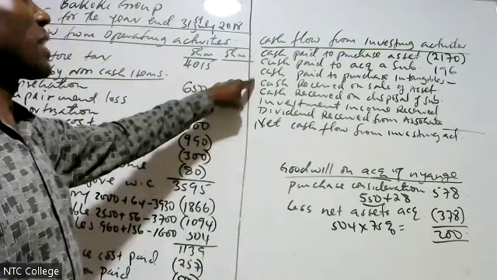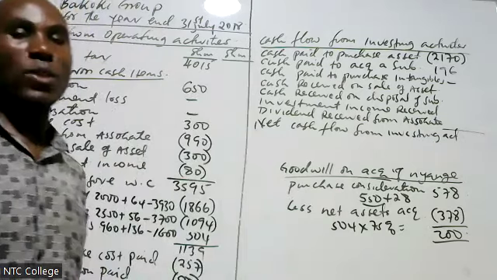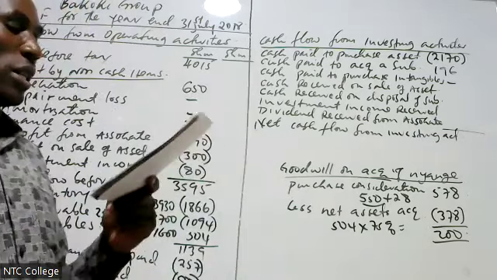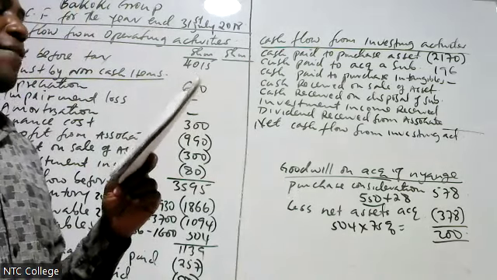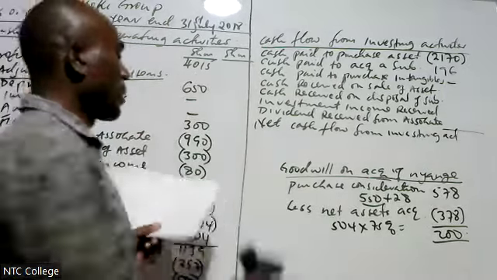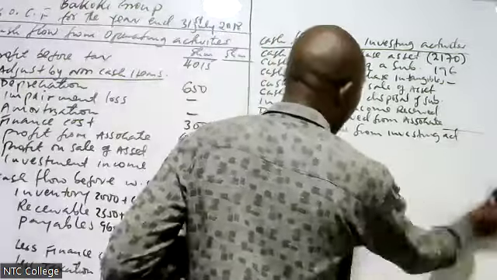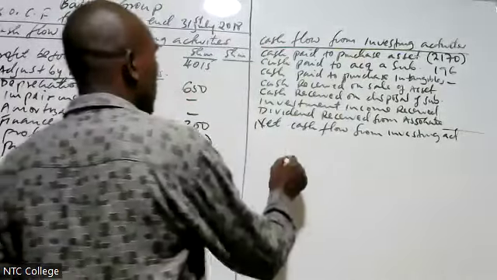Then cash received on sale of asset. We sold an asset in this question, in note number 5, disposal.